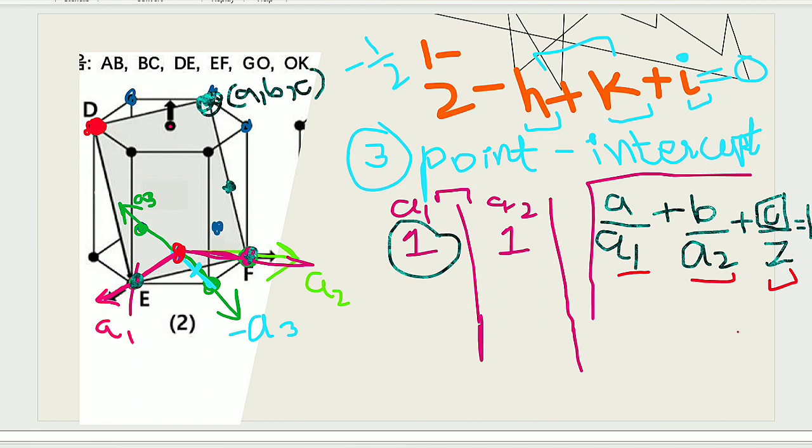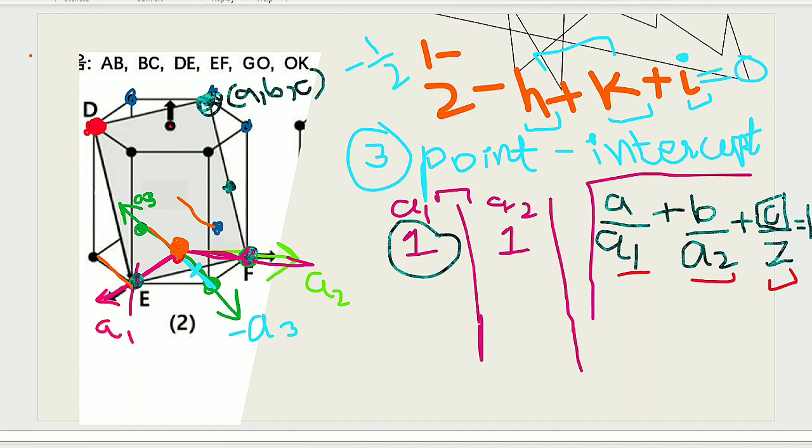Let me elaborate on this. This is the origin, and these directions are along A3 directions, you can see here. All these directions are not allowed, because there are various paths that you can adopt.